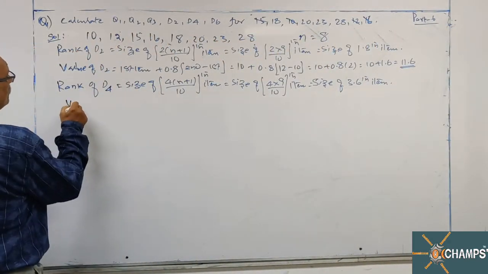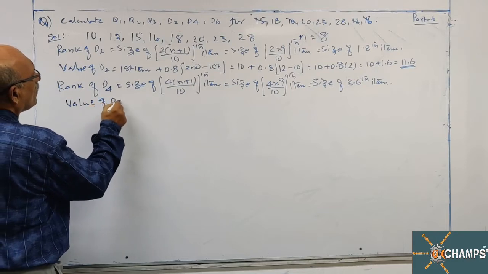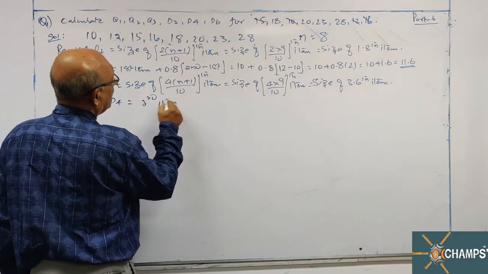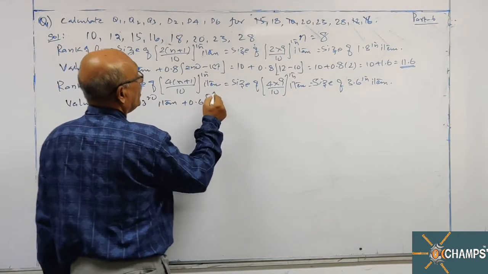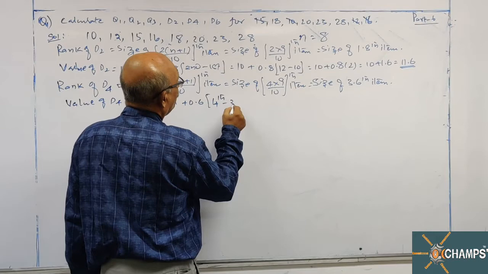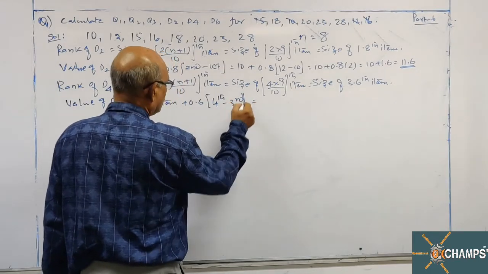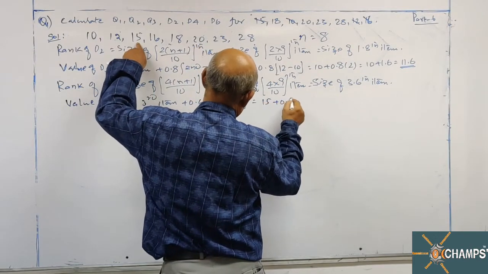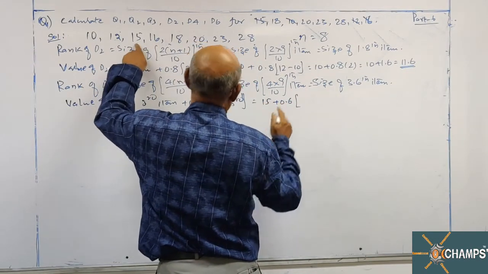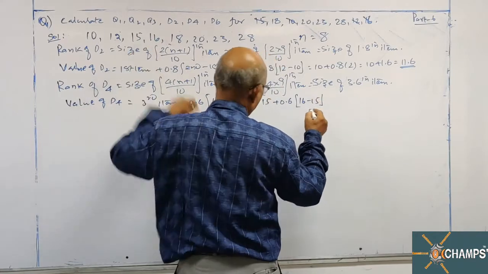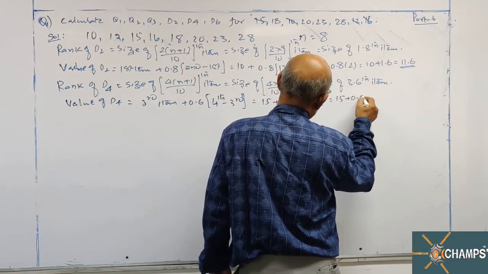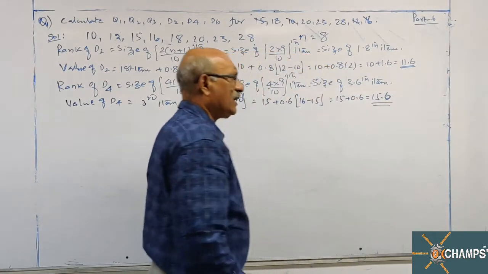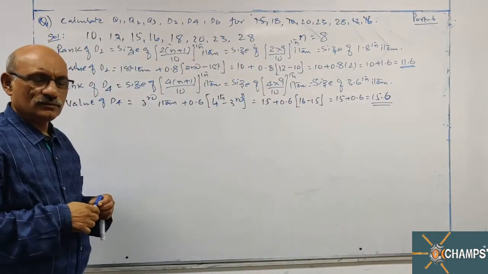Value of D4 is equal to third item plus 0.6 into (fourth minus third). Third item is 15. 0.6 into (fourth minus third). 15 plus 0.6, 15.6. Value is equal to 15.6.